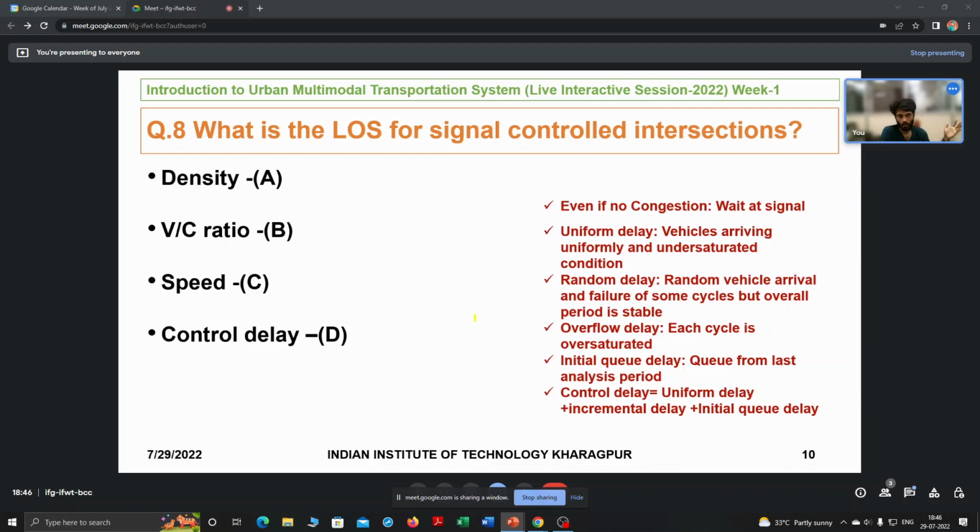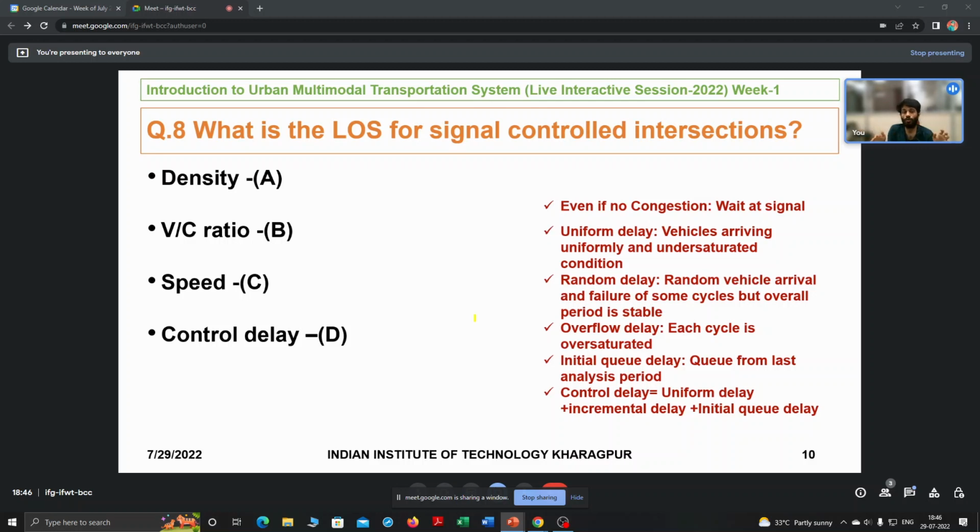So overall, in that 15-minute analysis period, suppose your capacity is 2000 vehicles per hour and your vehicle arrival is only 100, so the intersection easily has the ability to handle those vehicles, right?